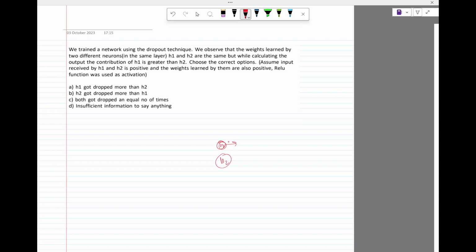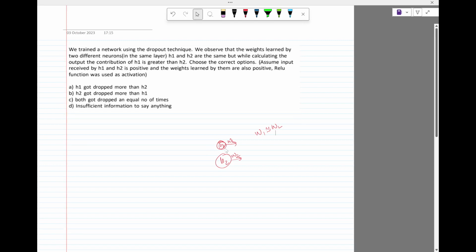The weights here are same, W1 same as W2, but while calculating the output, the contribution of H1 is greater than H2.